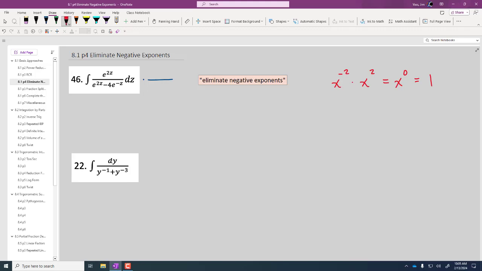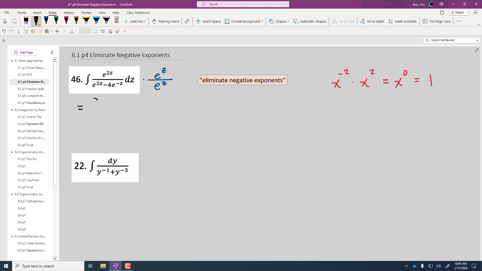That is our strategy. So when we look over here, we need to multiply by something with the same base, and we want to have the exact opposite exponent. So if that's a negative z, we want to multiply by a positive z. So if we multiply numerator and denominator by e to the z, that will eliminate the negative exponent.